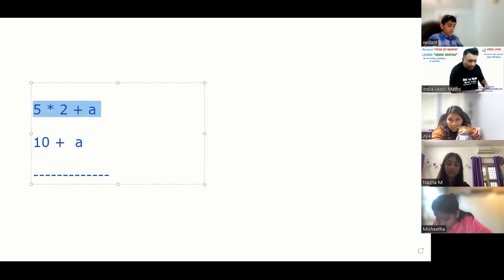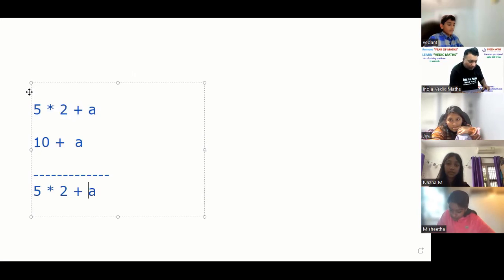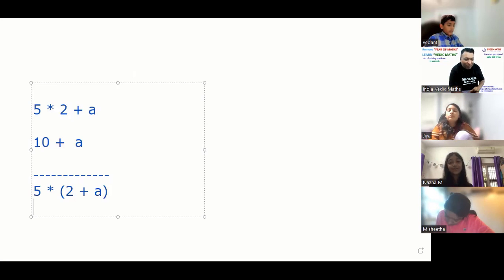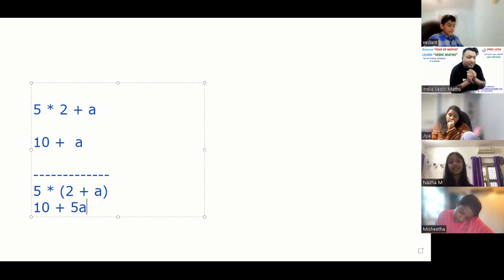But if the question is what I'm writing below, it is a totally different thing: 5 into 2 is 10, plus 5 into a. See the difference. Brackets make a lot of difference. What does the bracket say? It says 5 should be multiplied with both. Here, 5 is multiplied only with the first. It's a good question, you asked a very clear question.